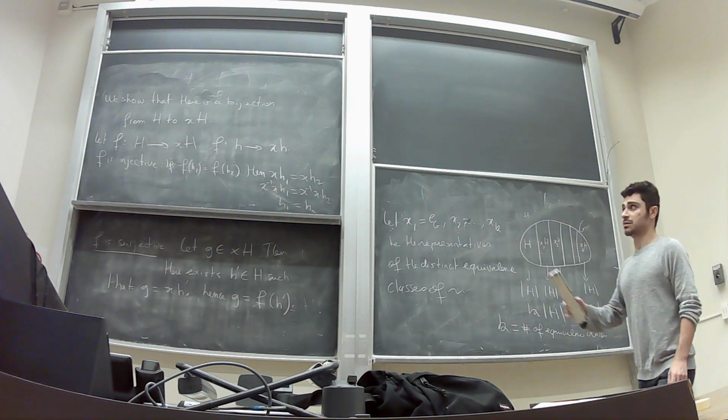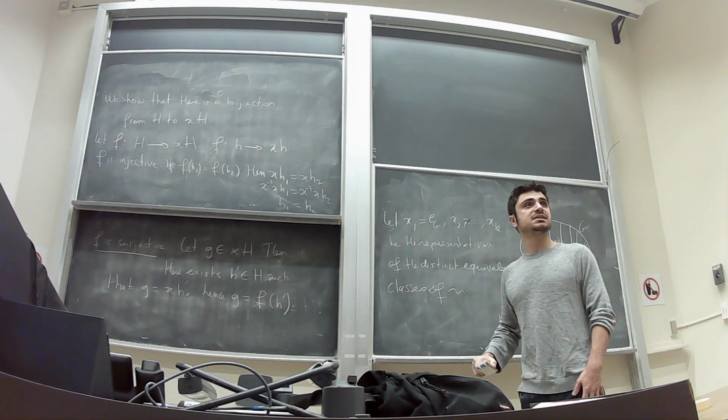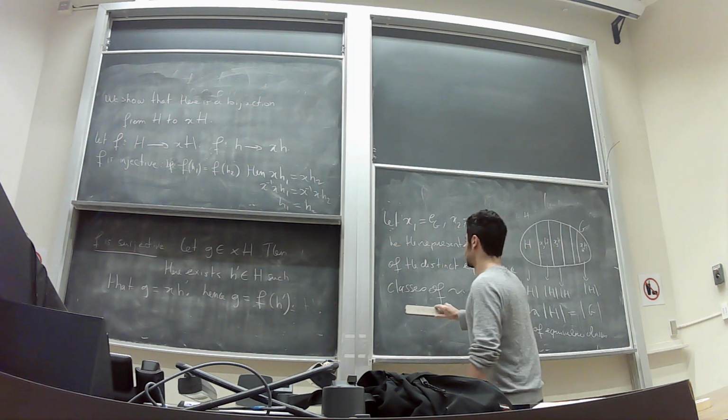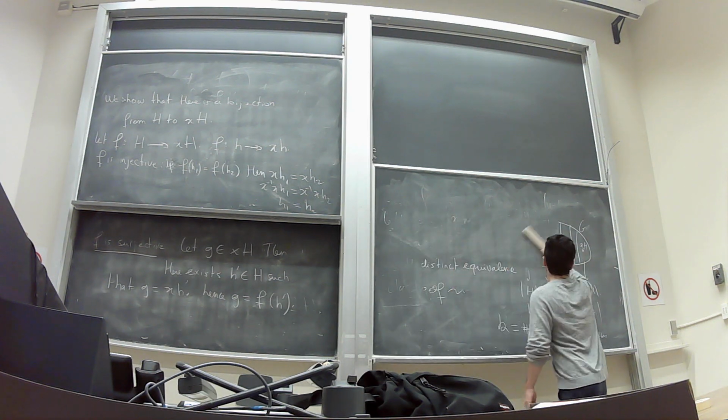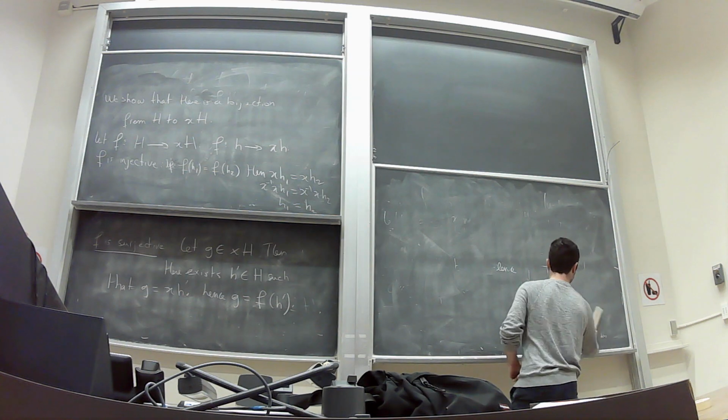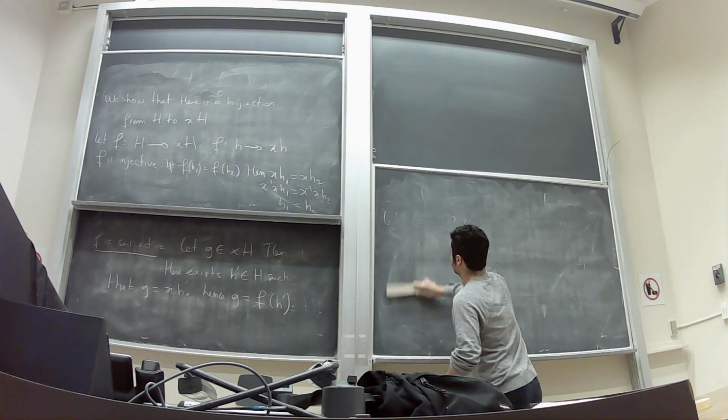If f is bijective, it means that H has the same size as xH, right? Agreed? I could have just left this and it would be perfectly fine.